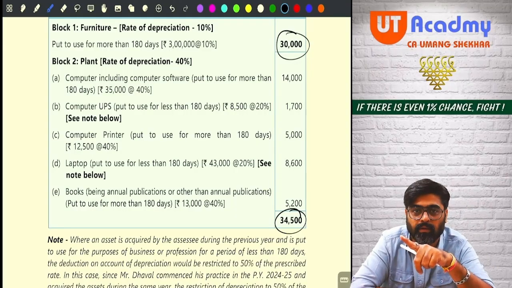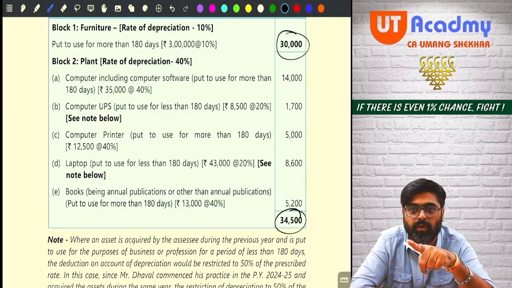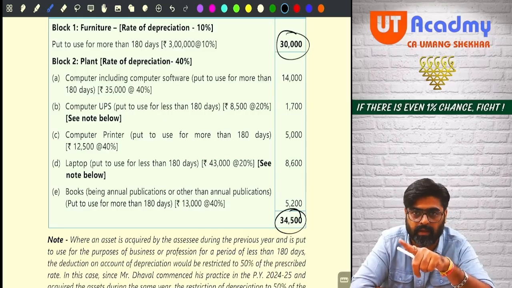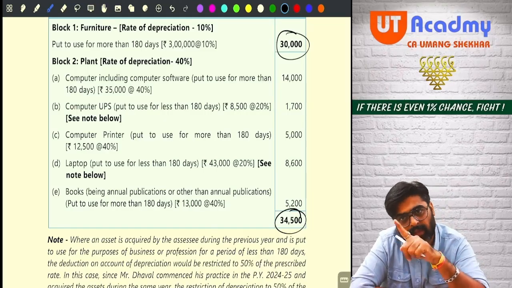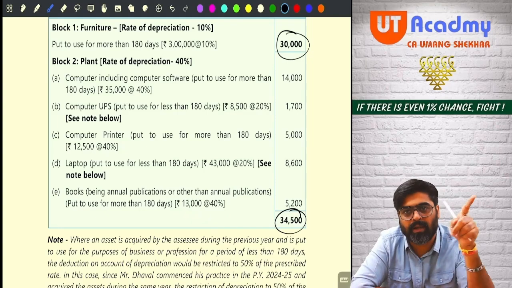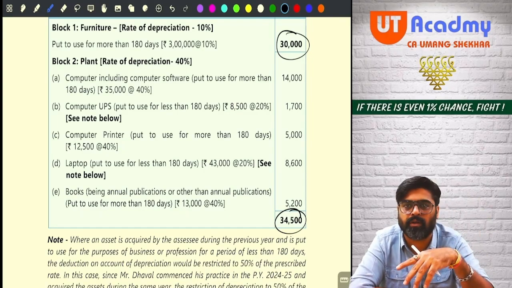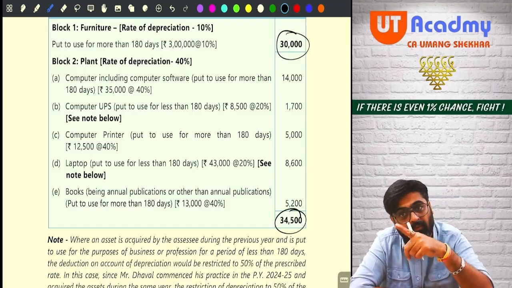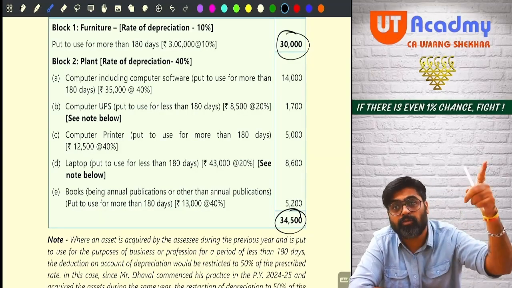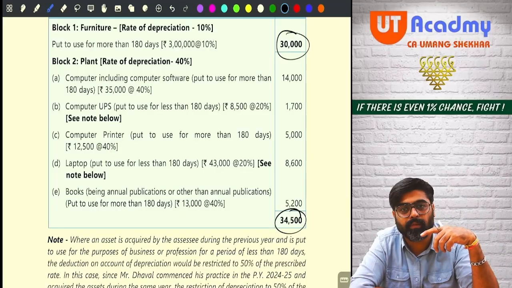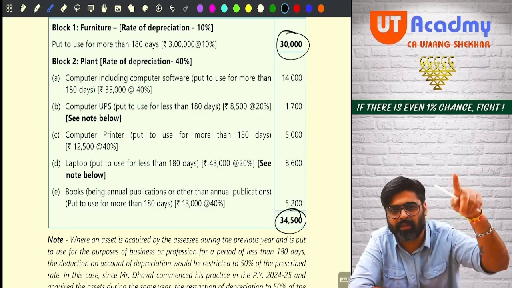See, in your study material only, they have committed such a big error. And when you do it in the exam, they will cut your marks. They will say books are a different asset, computer a different asset. What if both have the same rate? You have to prepare a separate block. So let them do whatever they want.